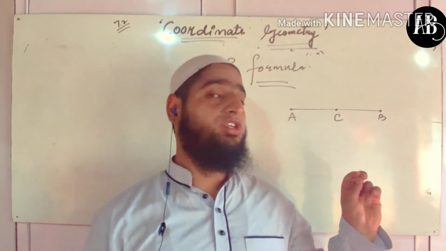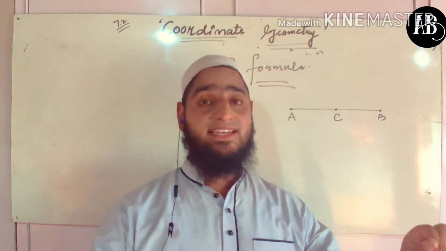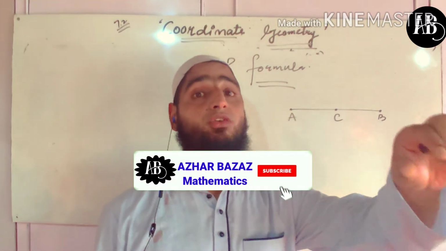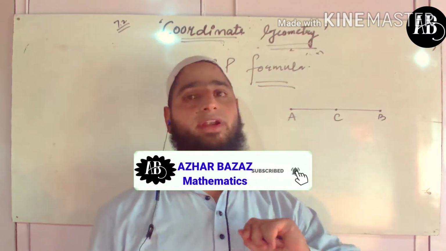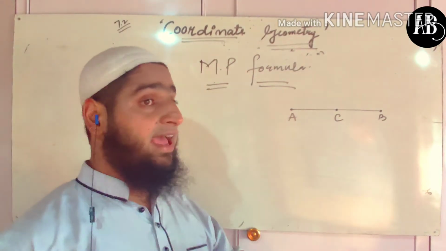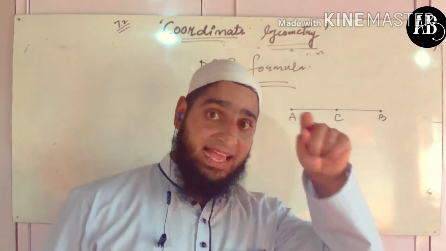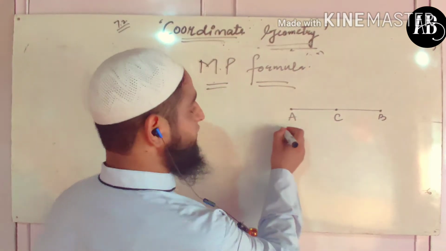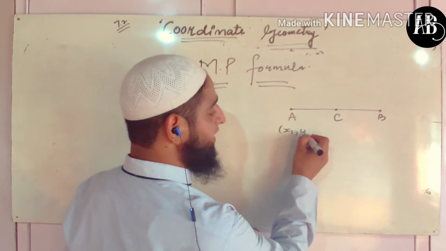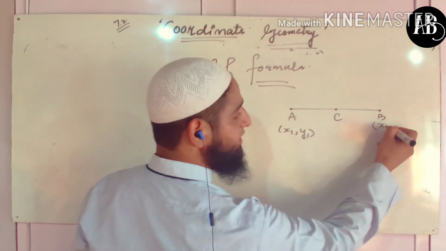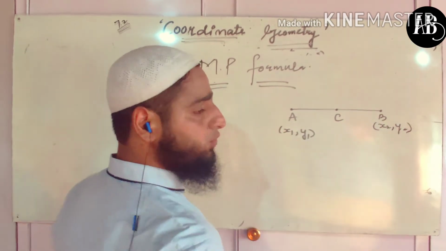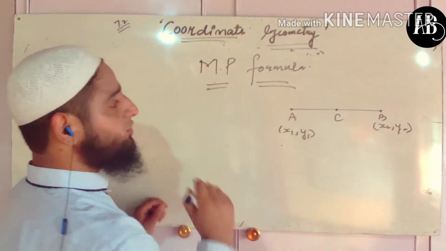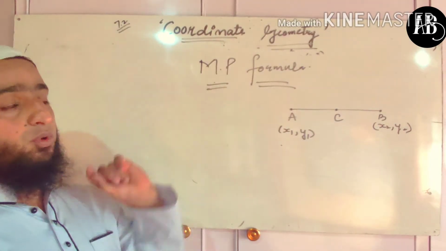The section formula is used when we have the line segment and a point of division, not a midpoint. Here we have the point of division as well as the midpoint. It means AC is equal to CB, and if the coordinates of A are x1, y1 and the coordinates of B are x2, y2, we can find the coordinates of C by the midpoint formula.